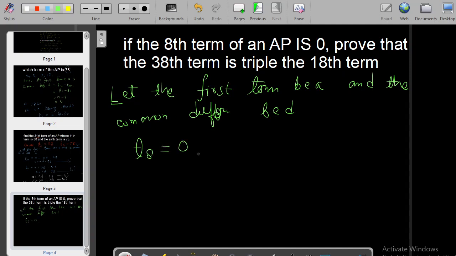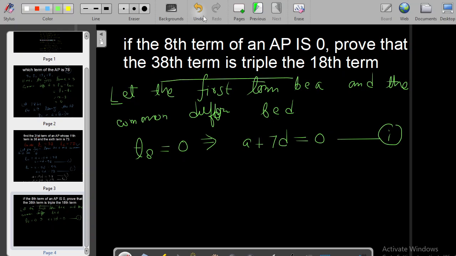This implies A plus 7D equals 0. This is the equation that is found. We have only one equation, and we have to find out the whole sum from this one single equation.